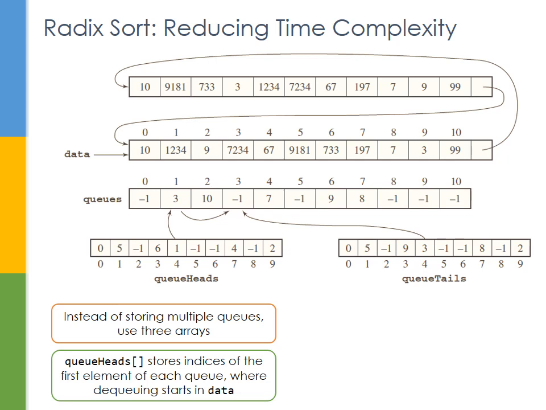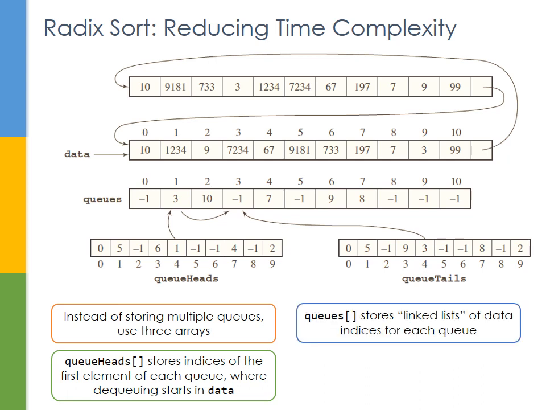The queue heads array stores the indices of the first element of each queue, and this is also the position where dequeuing will start in the data array. Then the queues array stores a linked list of data indices for each queue. Now, linked lists is in quotes there because it is not actually a linked list data structure.